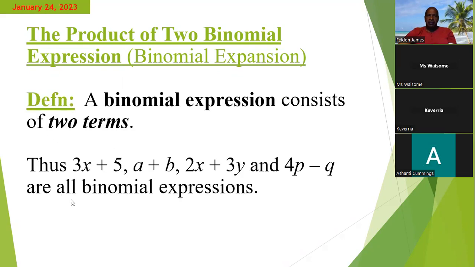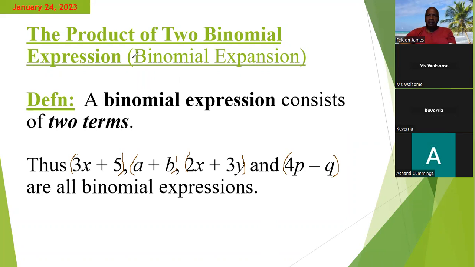All right, so these are examples of binomial expressions. Each of these expressions only has two terms. So this is one binomial expression. This is another binomial expression. This also, as well as this one. So these are all binomial expressions.